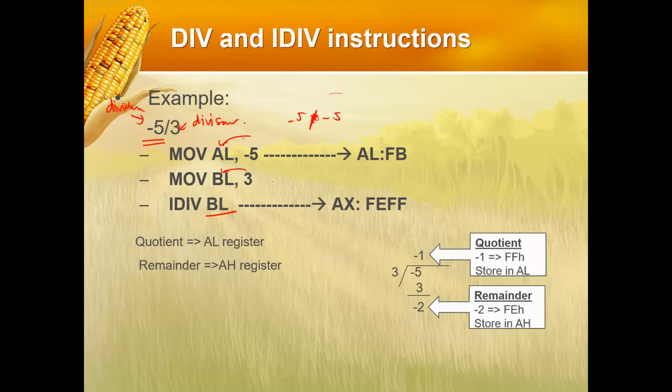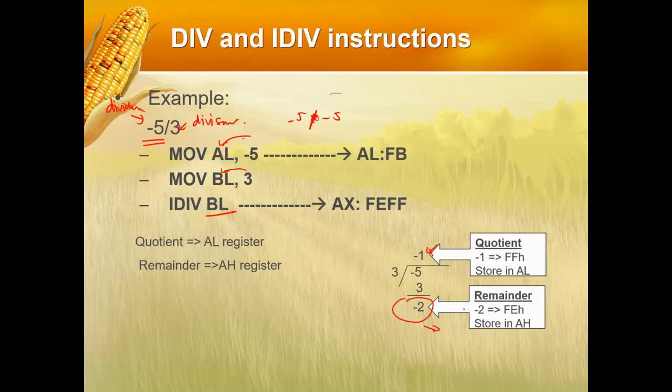Okay, so when you trace negative 5 divided by 3, negative 1 times 3 you get negative 3, so negative 5 minus negative 3 gives you negative 2. So negative 1 will be kept in the AL as the quotient and the remainder will be put into the AH.